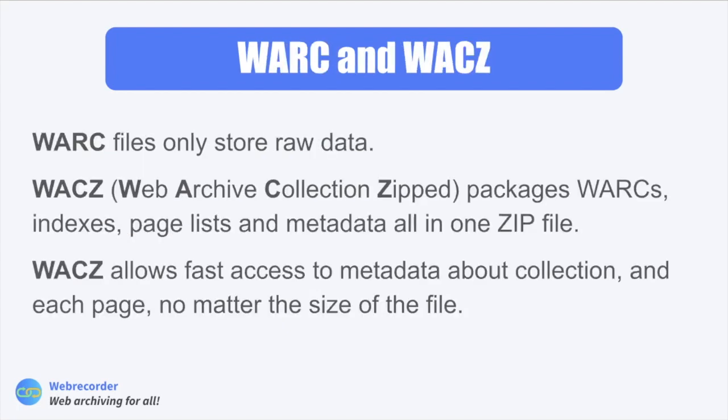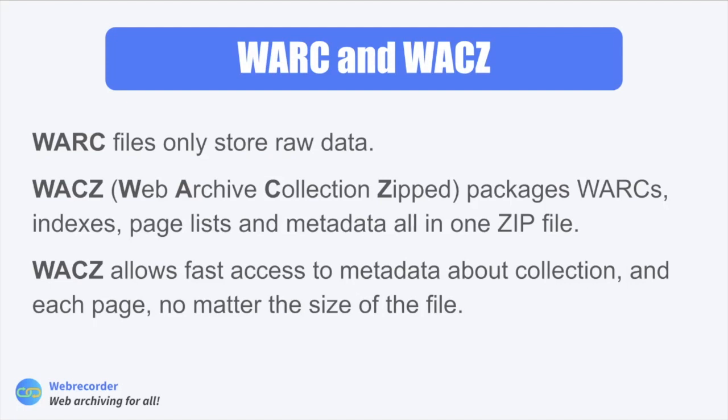Very briefly, and we can come back to this later, the key file formats that we use with web archiving are WARC files, which only store the raw data, but we also have a new format called WACZ, which stands for Web Archive Collection Zipped. It packages the WARC files, indexes, and page lists, and puts it all together into one zip file.